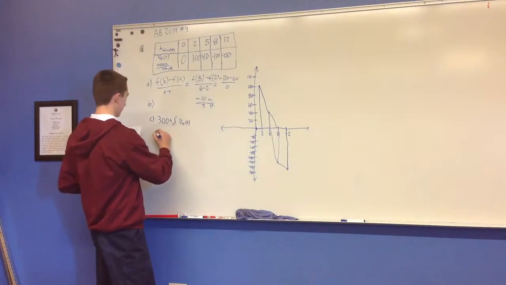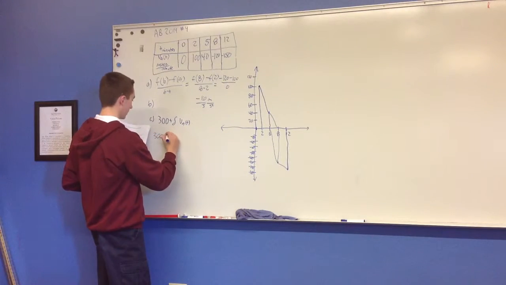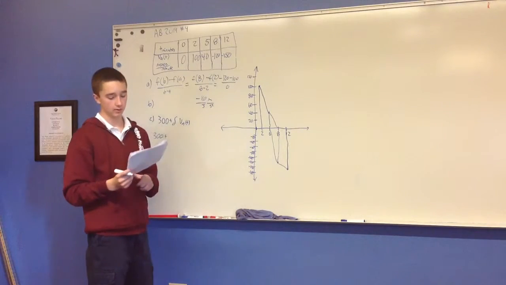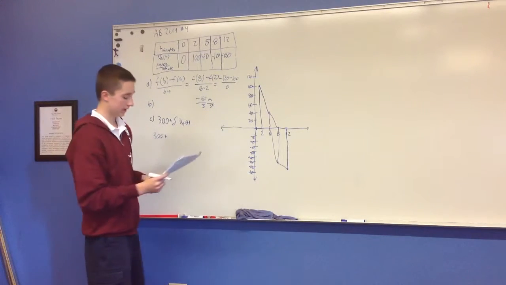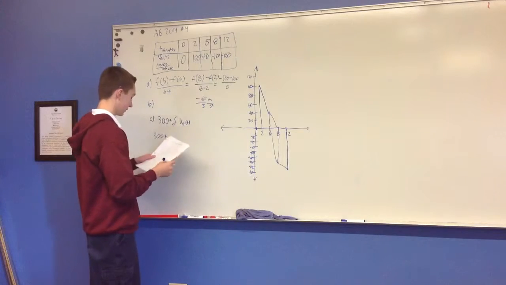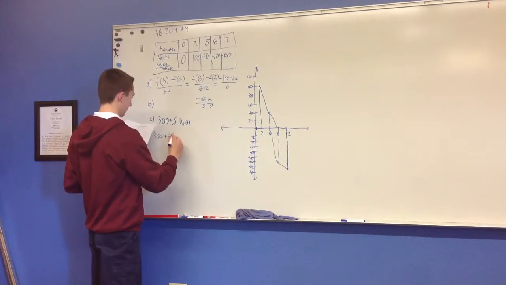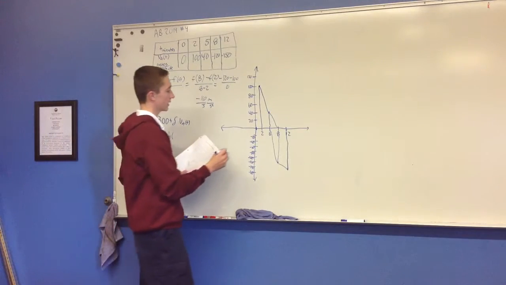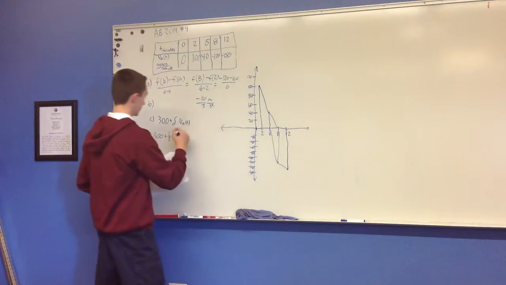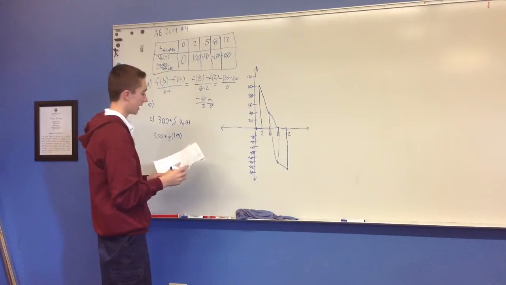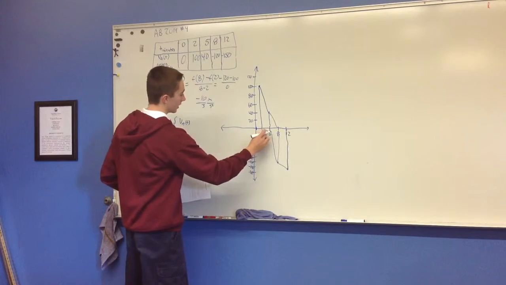So we'll do 300 plus, and the area for a trapezoid is 1/2 base 1 plus base 2 times the height. For the first one, it's 300 plus 1/2 times 40 plus 100, so 140. And then the height is this value right here, which is 3.